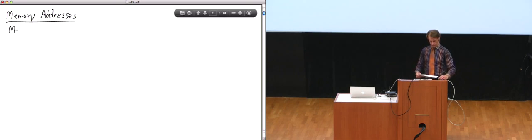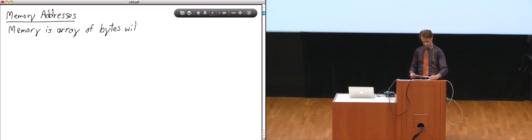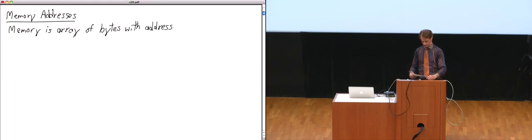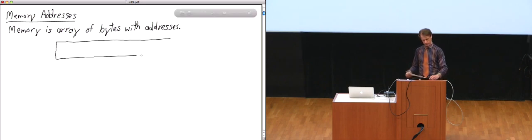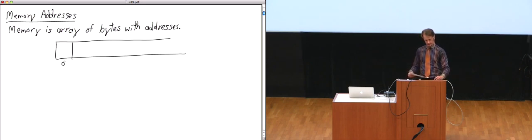So in any modern computer, memory is just one huge array of bytes with addresses. And so your memory on your computer actually looks like an array. There's a byte, there's a byte, there's a byte, there's a byte.